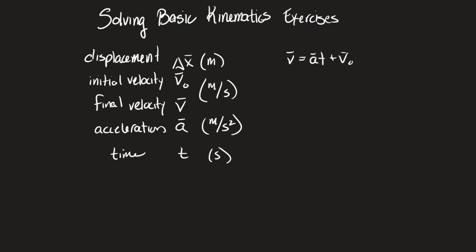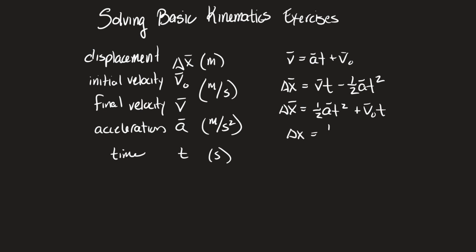In fact, we can go down this list, and for every variable I've listed, there's a Galileo's motion equation that has everything in it except for the 1. So if we keep going down the list, there we go. And lastly, I want to write it like this.